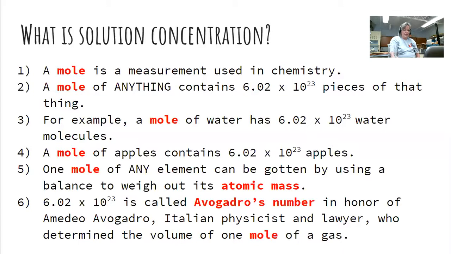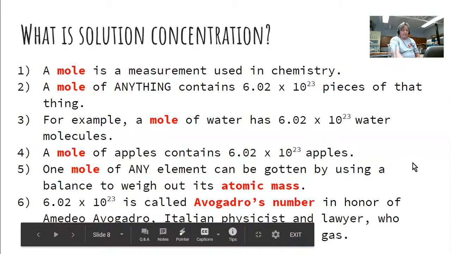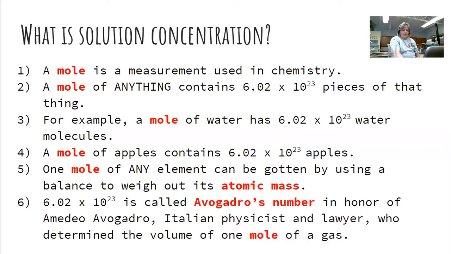It's like saying there are 12 eggs in a dozen. There are 6.02 times 10 to the 23rd atoms in 1 mole of an element. For example, a mole of water has 6.02 times 10 to the 23rd water molecules. A mole of apples has 6.02 times 10 to the 23rd apples. So a mole is just a counting unit used in chemistry to group particles that exist in huge quantities.